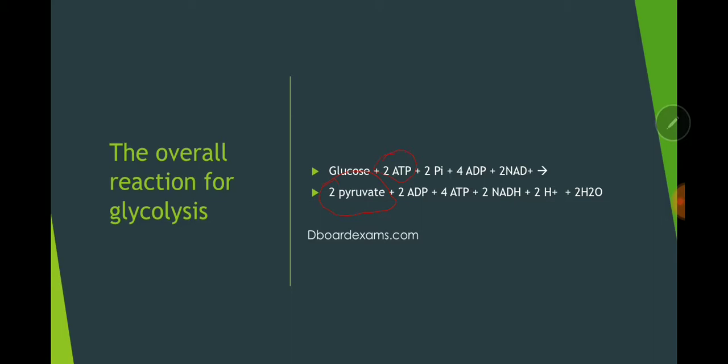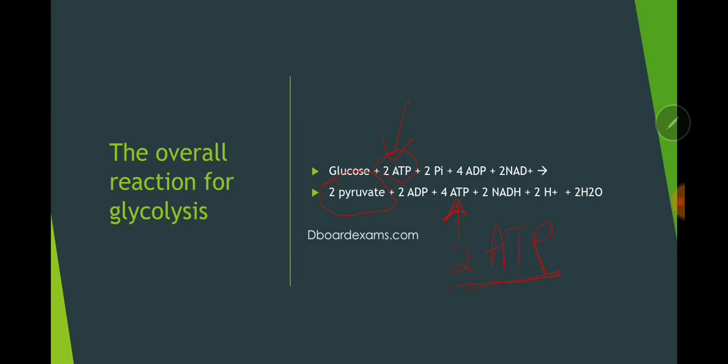Note that from 1 molecule of glucose, 4 ATPs are produced. However, 2 ATPs were consumed in the process. So you invested 2 molecules of ATP, but you produce 4. So your net ATP produced is only 2 ATP.